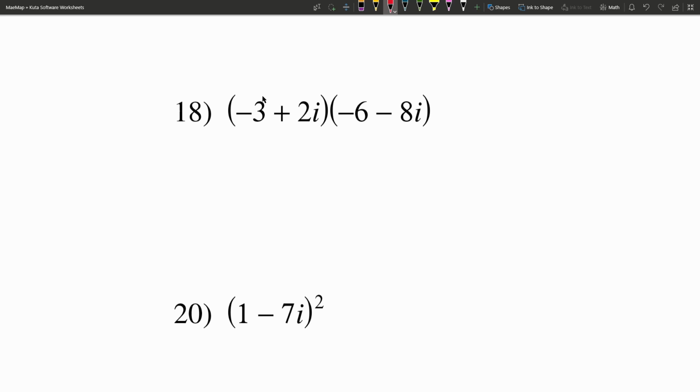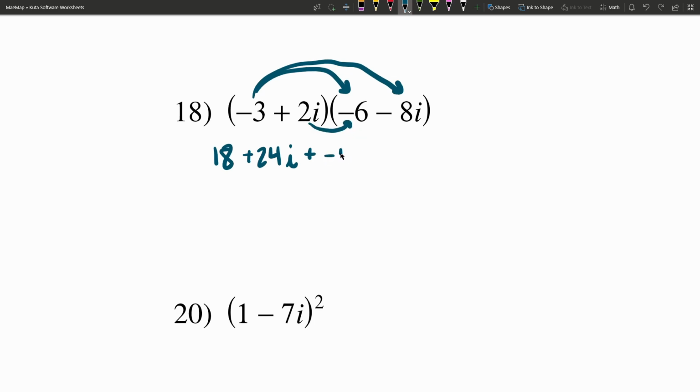For number 18, negative 3 times negative 6 is a positive 18. Negative 3 times negative 8i is a positive 24i, plus 2i times negative 6 is a negative 12i, plus, and then 2i times negative 8i is going to be subtracting 16i squared. But again, what is i squared?